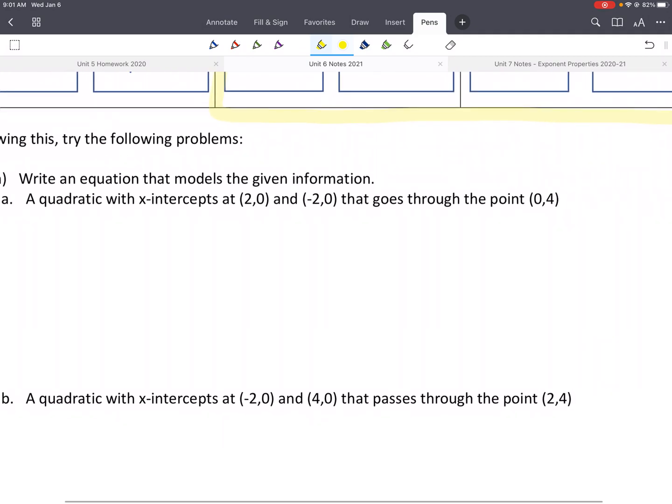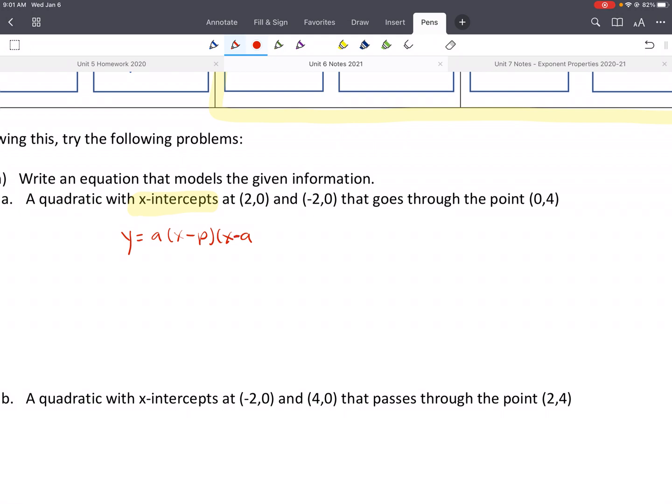It says a quadratic with x-intercepts of (2, 0) and (-2, 0) that goes through the point (0, 4). So since they give you x-intercepts, we're going to use intercept form. So I'm going to rewrite that here. That was y equals a(x minus p)(x minus q).